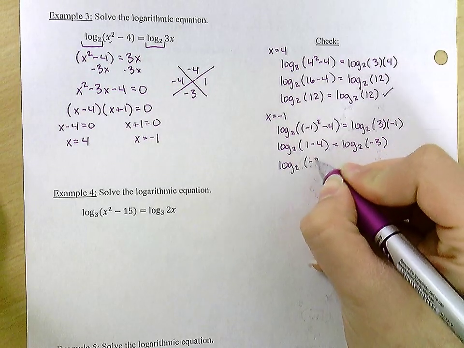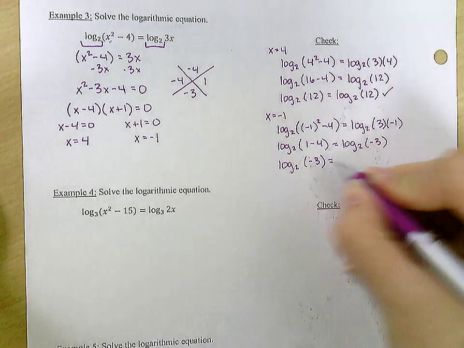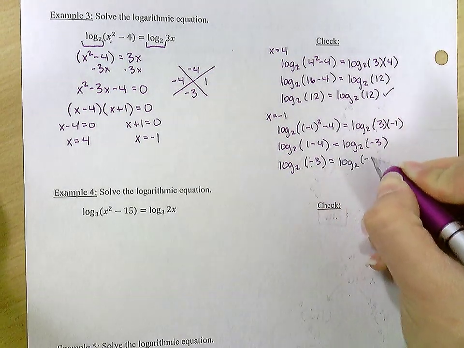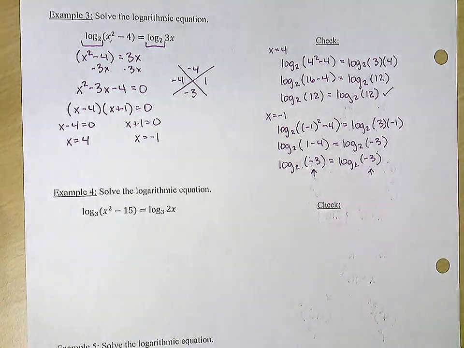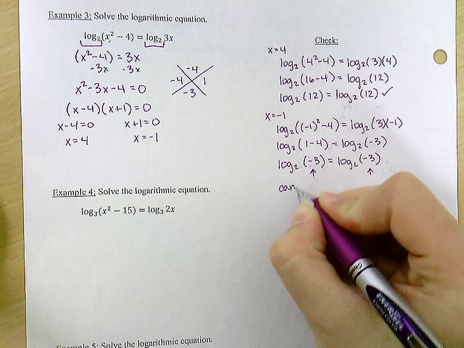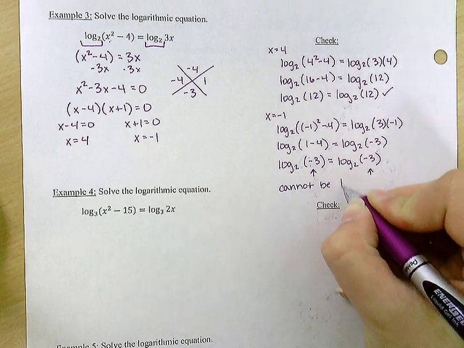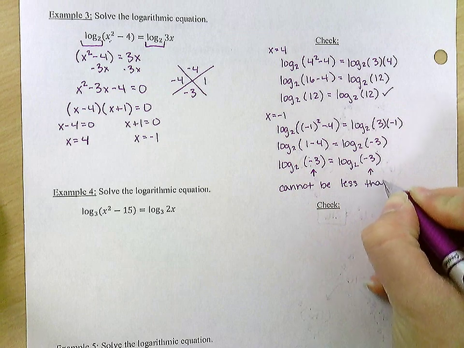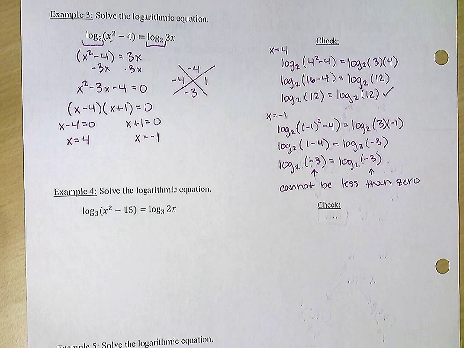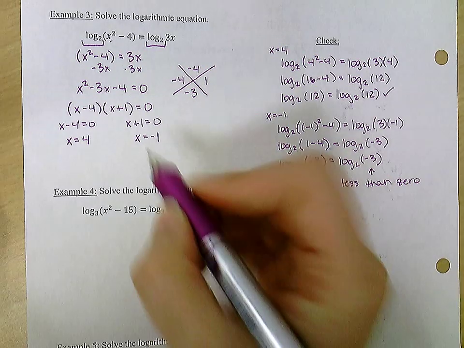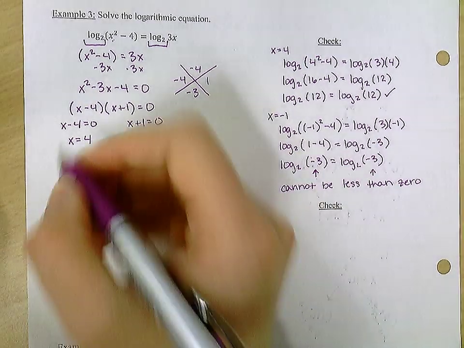Now I do get this to be log base 2 of -3 equals log base 2 of -3, but your value here cannot be negative. Okay, so if you end up with a negative in those parentheses, that is not one of your solutions. Okay, so it can't be negative. So I would cross out x is equal to -1.